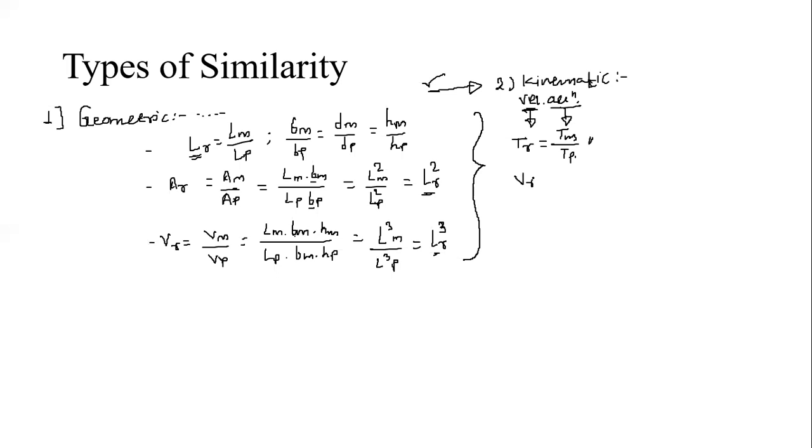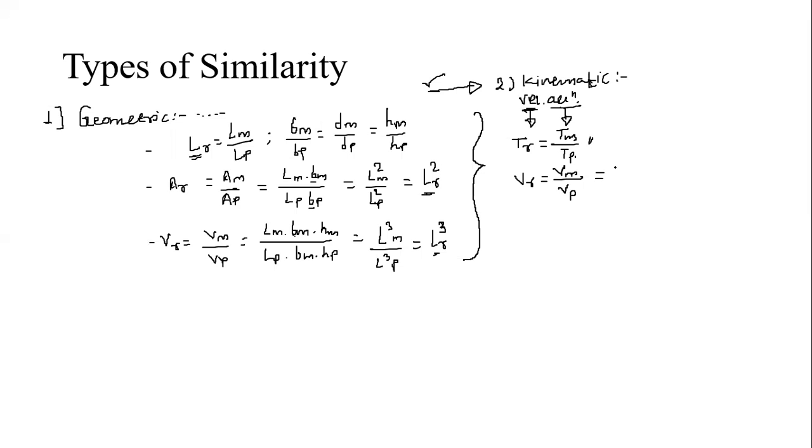Now we know velocity scale ratio VR is equal to velocity of the flowing fluid at a particular point in the model divided by velocity of a flowing fluid at a particular point in a prototype. Now velocity we know is a rate of change of distance traveled, or the length covered, with respect to the time.